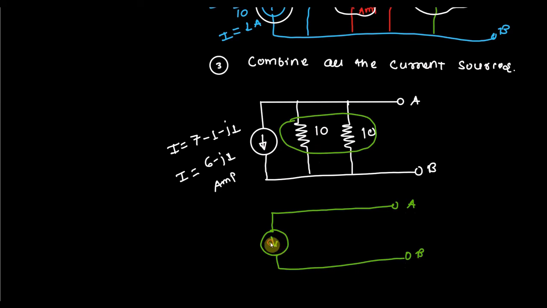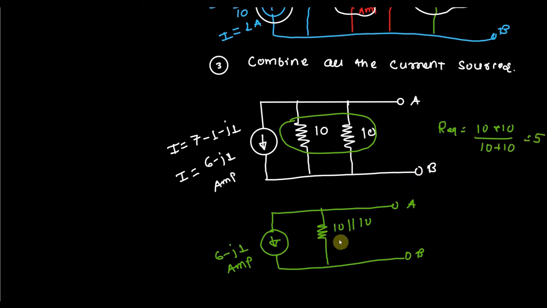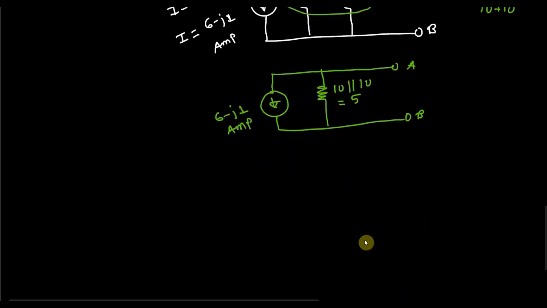So this value is 6 minus J1 ampere, and when you solve this, 10 parallel with 10, what will be the R equivalent? 10 into 10 upon 10 plus 10. So the answer is 5, 100 by 20. Fine. So this will be your source transformation.